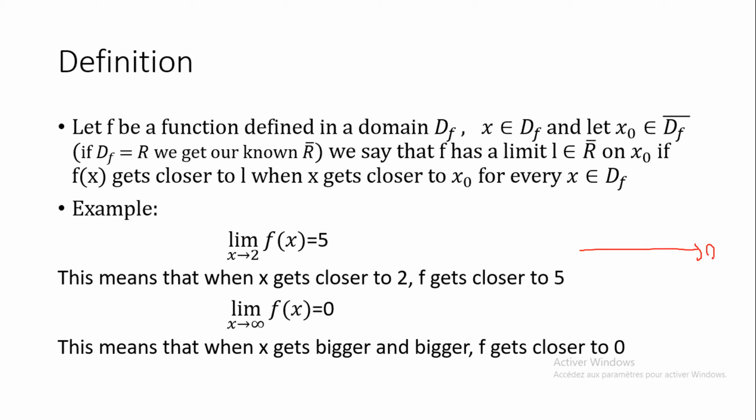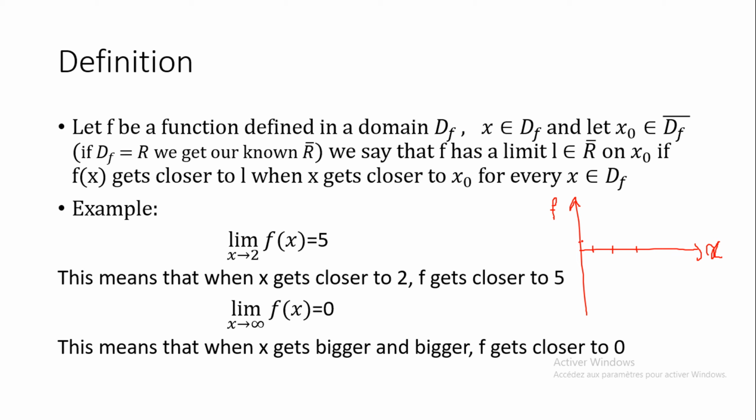Let's try and draw it. If we take this as the x-axis and this as the y-axis, or f, we said that when x gets closer to 2, so if we take this as 1, 2, 3, etc., our f of x gets closer to 5.